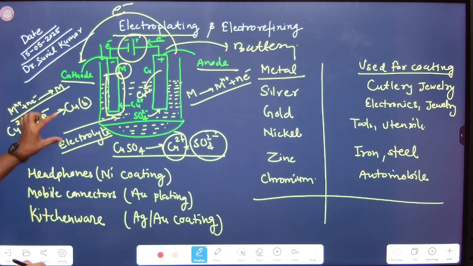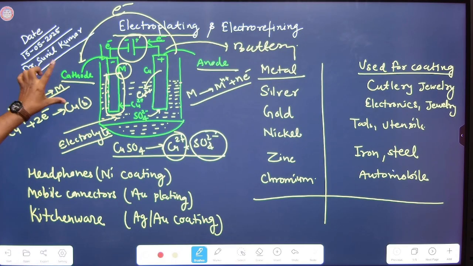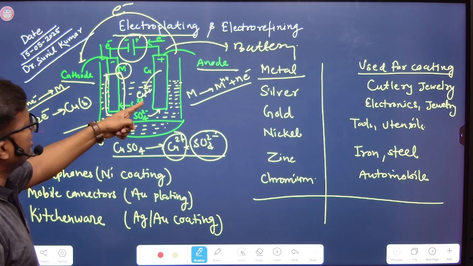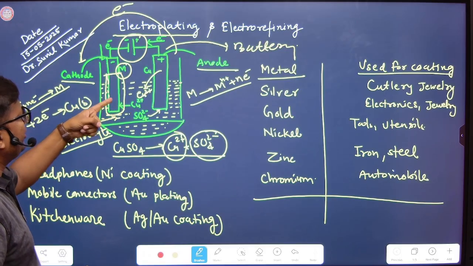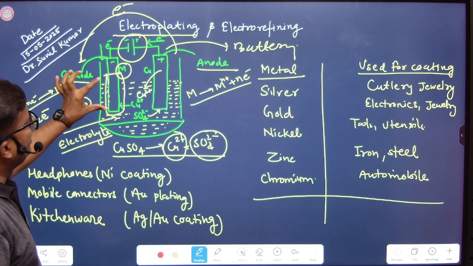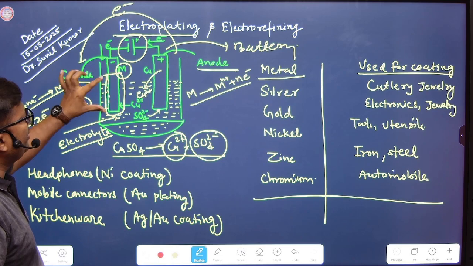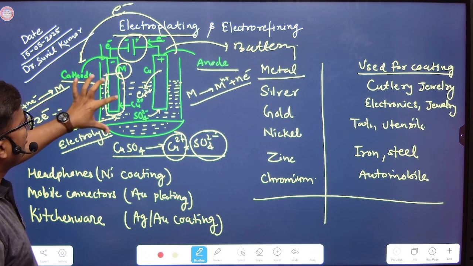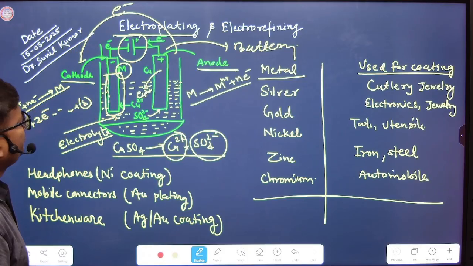It means the mass of the cathode increases with time. Because current is passing continuously in this circuit, as time passes, Cu2+ ultimately gets reduced at the cathode and deposited as a thin film around this particular metal, right?